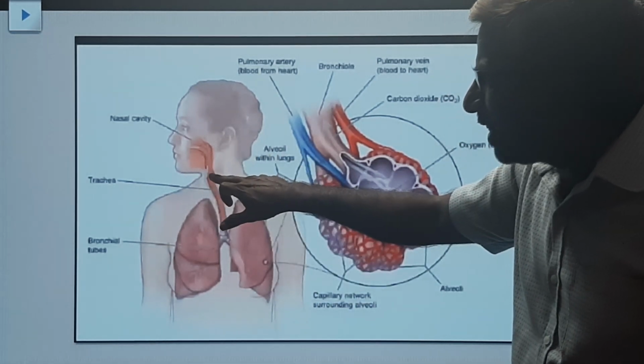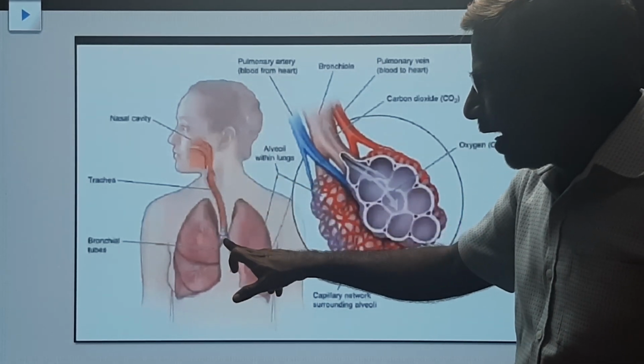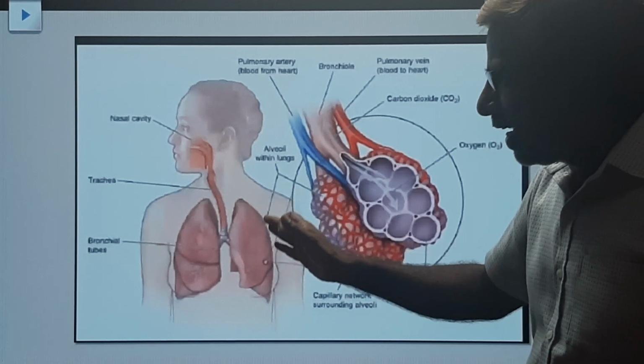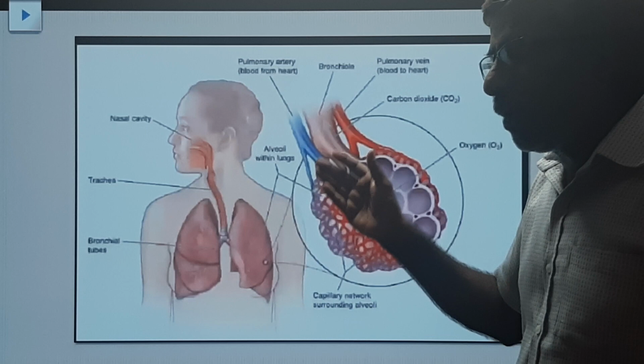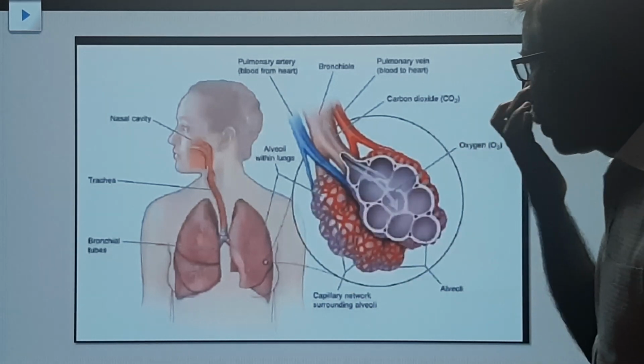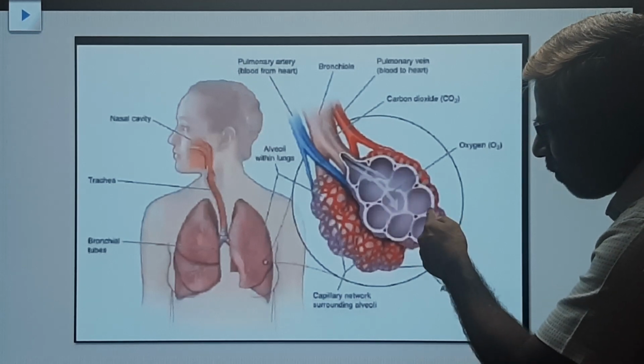Later it is the larynx, meaning voice box, then trachea, bronchi, primary bronchi, secondary bronchi, tertiary bronchi, bronchioles, terminal bronchioles, respiratory bronchioles. Finally, they open into clusters of alveoli.